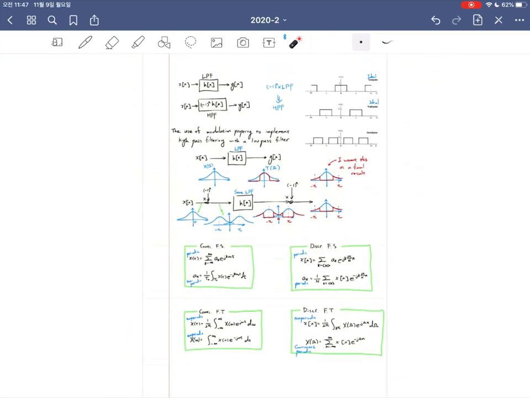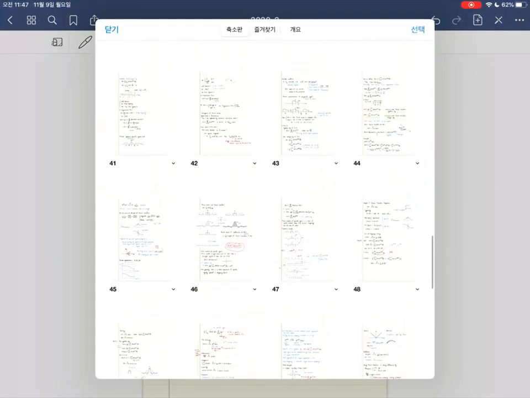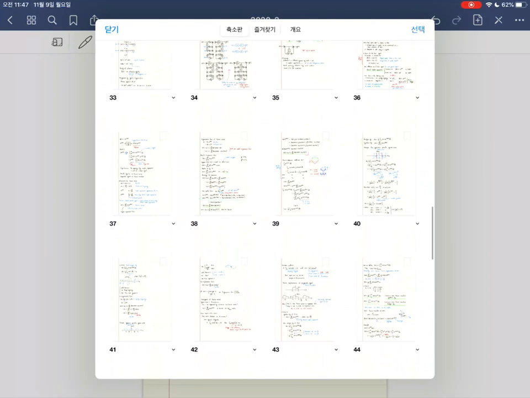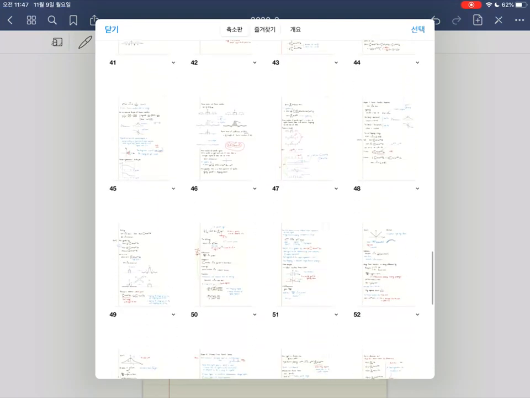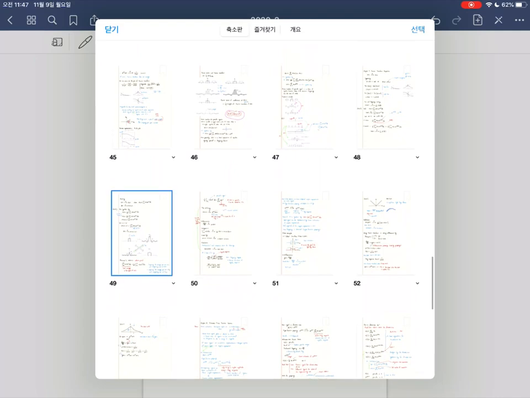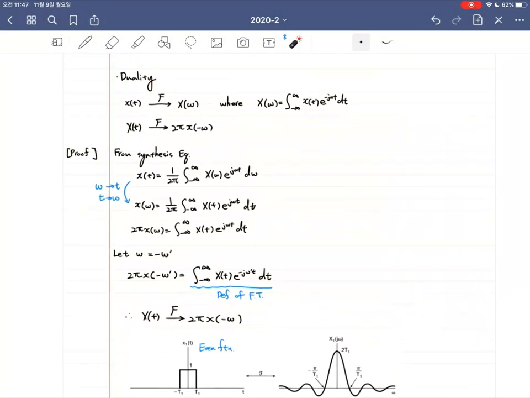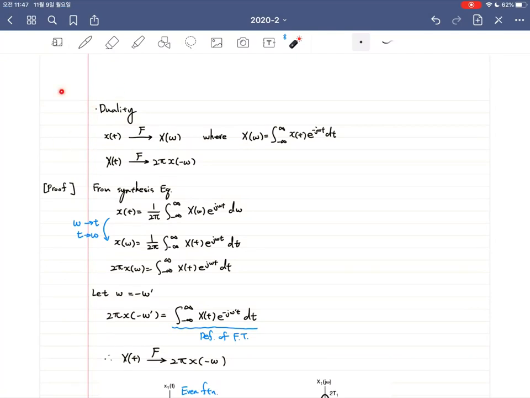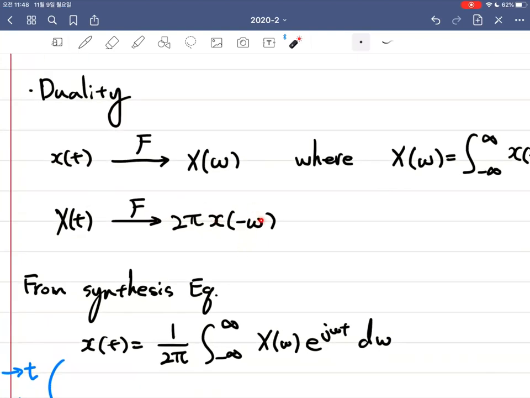Do you remember the duality property that we discussed for continuous time? Duality was about this: if you conduct the Fourier transform once and conduct it twice, then you will get the same signal, even though you have to reverse the frequency axis and also multiply by 2 pi.